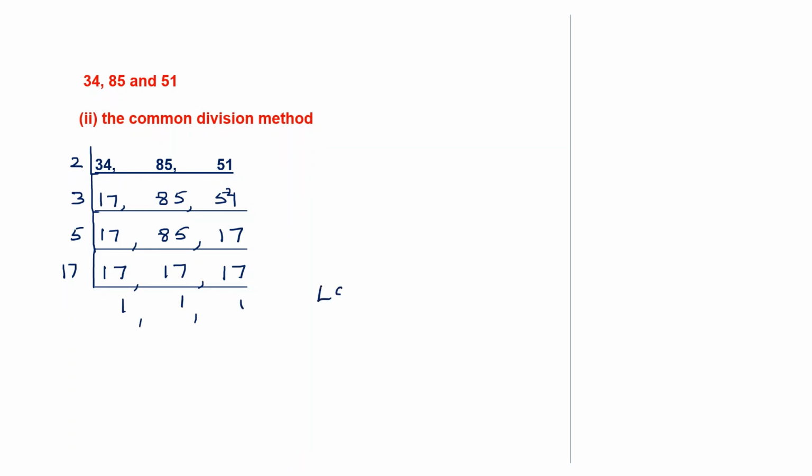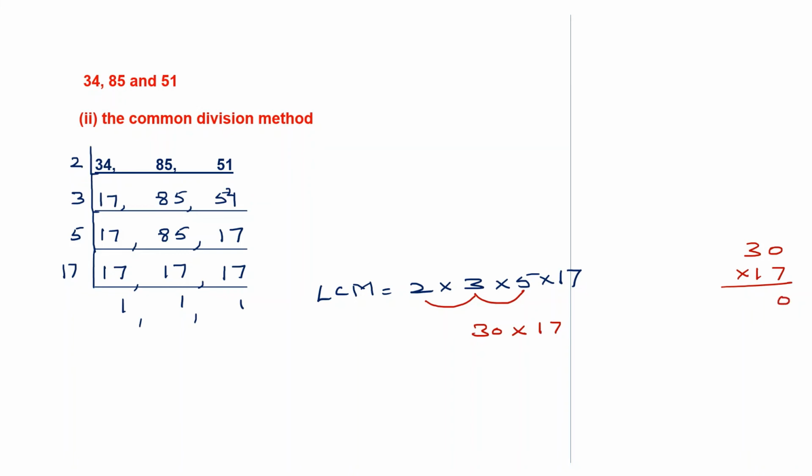So my LCM is equal to 2 into 3 into 5 into 17. So let's multiply and see what we get. 2 3s are 6, 6 5s are 30. 30 into 17. Let's multiply 30 into 17. 7 zeros are 0, 7 threes are 21, then 1 zeros are 0, 1 threes are 3.